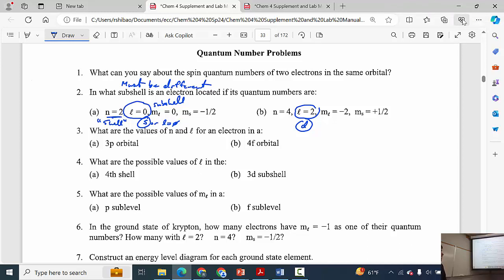Number 3, what are the values of N and L for an electron in a 3p? Well, 3, that's our N value. And what is our L value if we're in the P? Probably let's write it out here. If L equals 0, we're in the S. If L equals 1, we're in the P. If L equals 2, we're D. L equals 3, we're F. L equals 4, S, P, D, F, this would be G, etc. So P is an L equal to what?